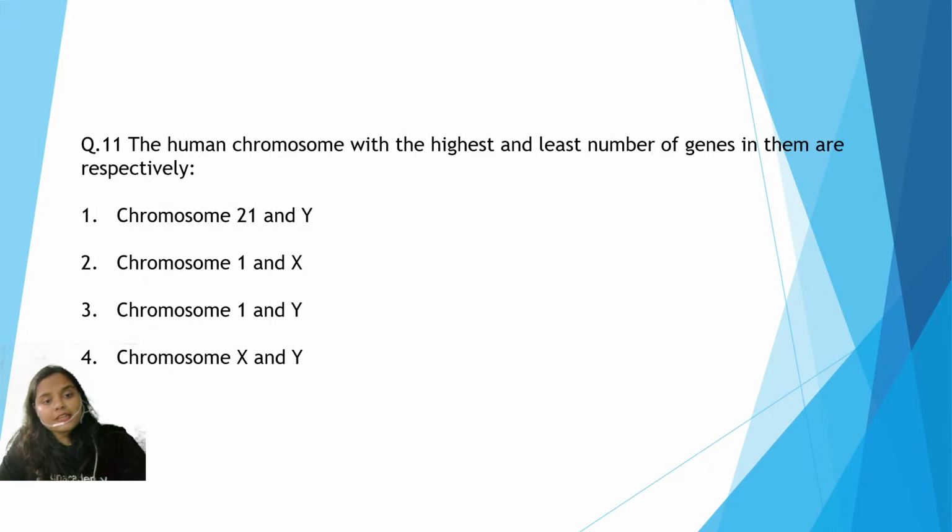Okay, guys. Next question. The human chromosomes with the highest and the least number of genes in them are, respectively: which one of the following human chromosomes has the highest and which one has the least number of genes? What do you think is the right answer? Again, a simple one.